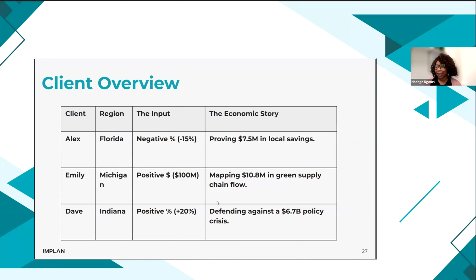Emily, on the other hand, modeled a positive $100 million output, and now she can prove that $10.8 million will be saved in plastics further down in the supply chain. Dave, although he inputted a positive percentage, can now defend against a $6.7 billion inflationary policy.